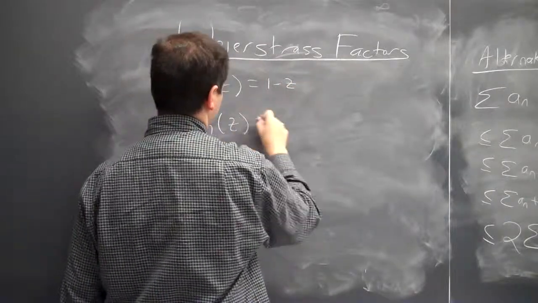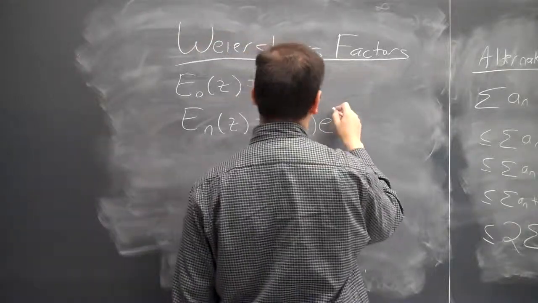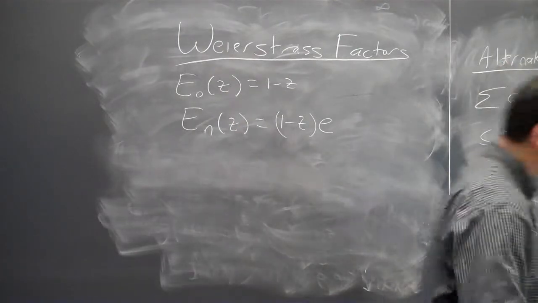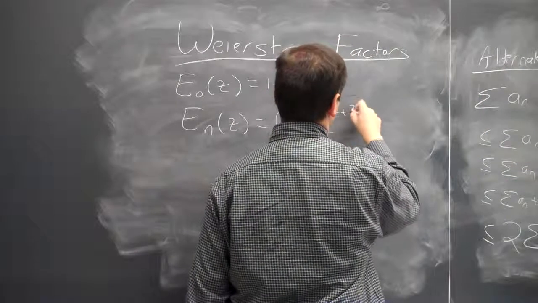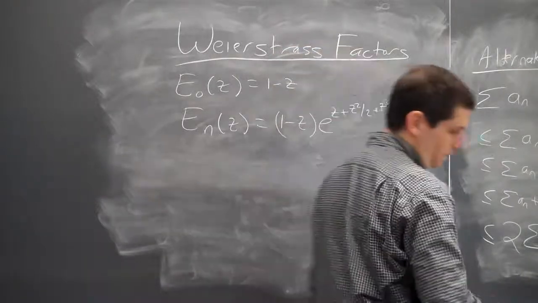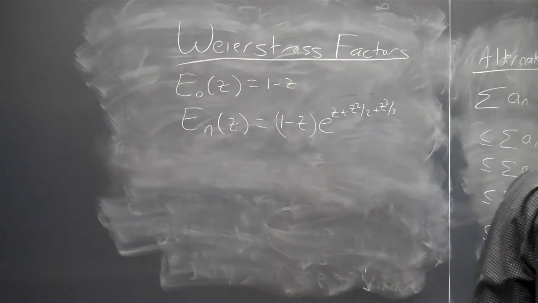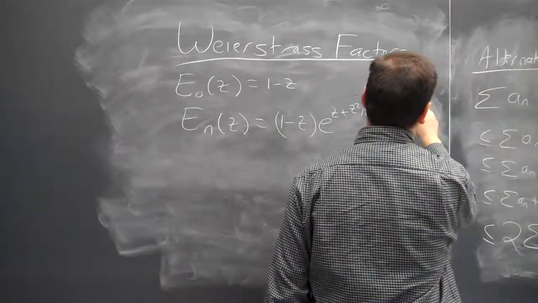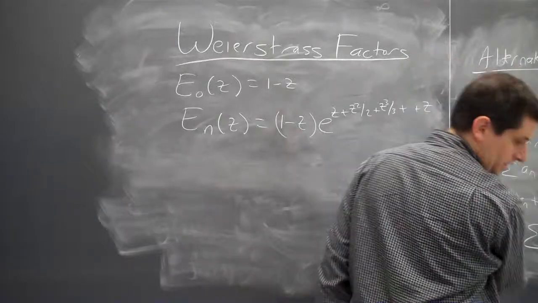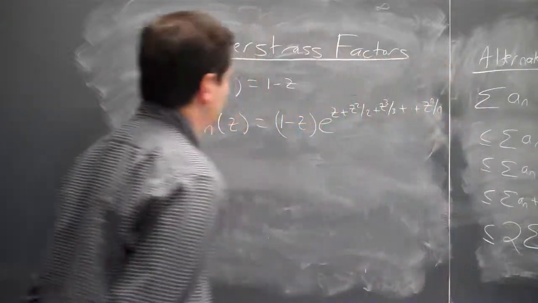E_n of z is (1 minus z) times e to the z plus z squared over 2 plus z cubed over 3 plus dot dot dot plus z to the n over n.